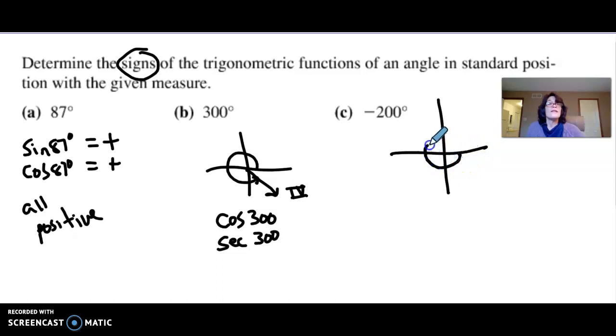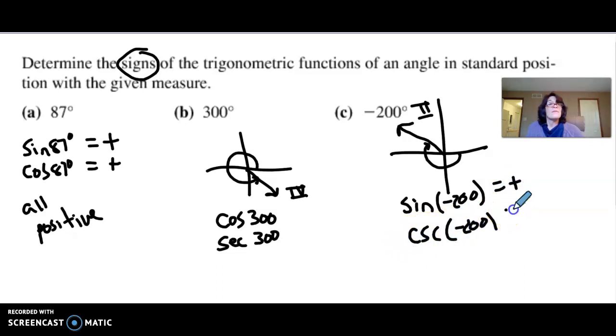That's going negative past 180 by a little bit, so I'm going to end up in the second quadrant where x is negative, but y is positive. So my sine is going to be positive, and of course my cosecant will be positive. Depending on where I end up on the coordinate system will tell me if I'm positive or negative. That makes sense?